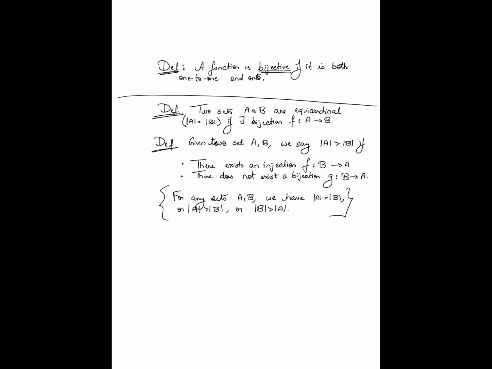You give me any arbitrary sets, and under this notion due to Cantor, the sets are going to be equicardinal, or one of them will have a larger cardinality than the other. Okay, so this is basically the intellectual leap, if you haven't seen this before, on how you compare cardinalities of potentially infinite sets.